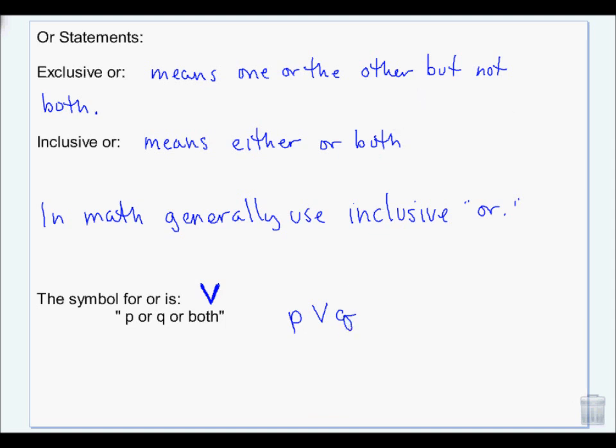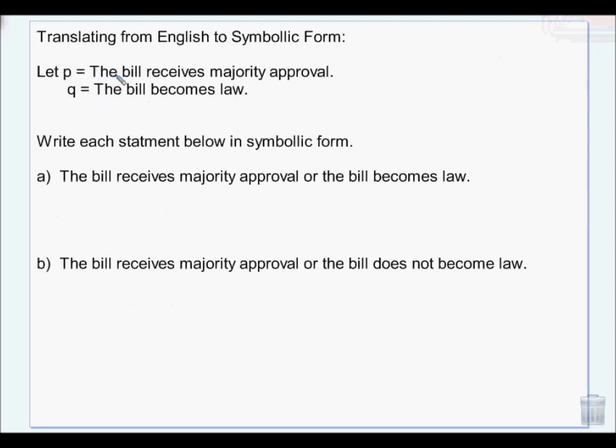All right. If P is the bill receives majority approval and Q is the bill becomes law, and I have the statement the bill receives majority approval or the bill becomes law, that's P or Q. Here I have the bill receives majority approval or the bill does not become law. So that's P or not Q.